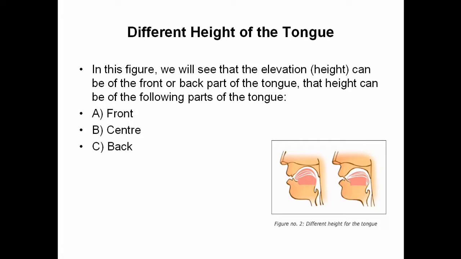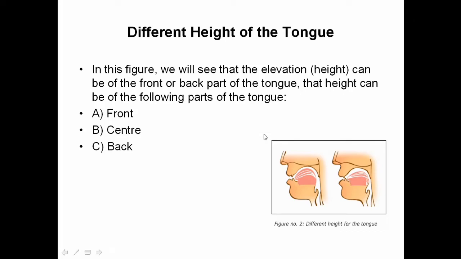See this part, this is the front of the tongue, this is the middle of the tongue, and this is the back of the tongue. When the tongue moves up towards the palate, that is the height of the tongue. This is the highest and this is comparatively less height.